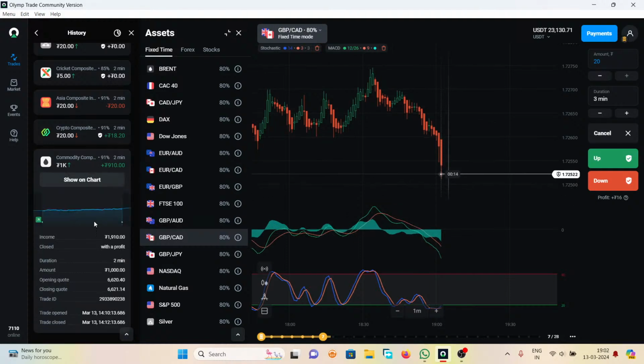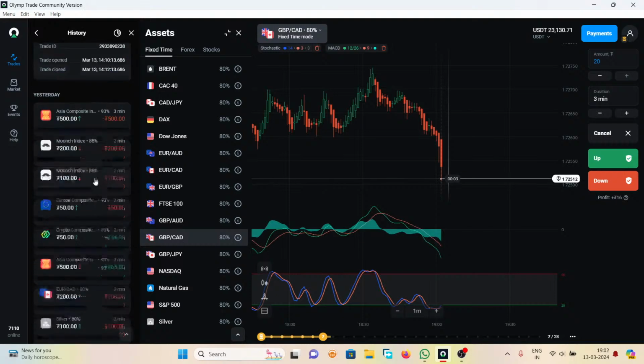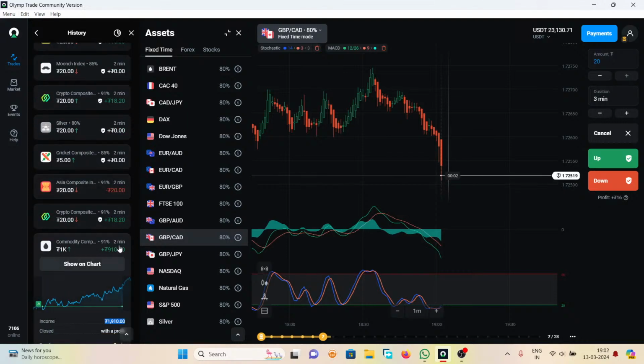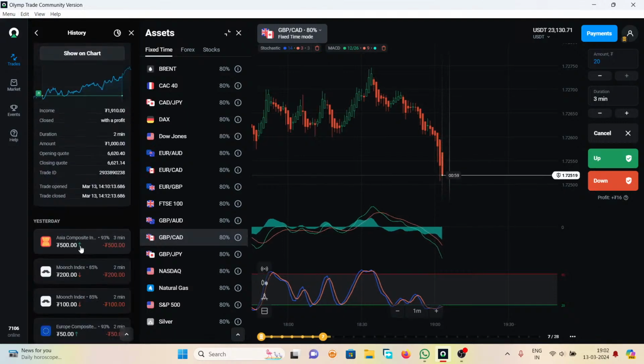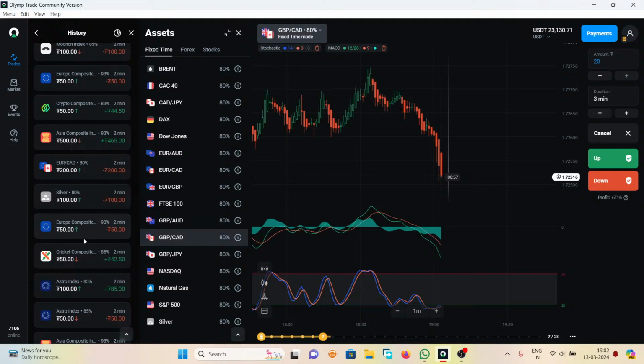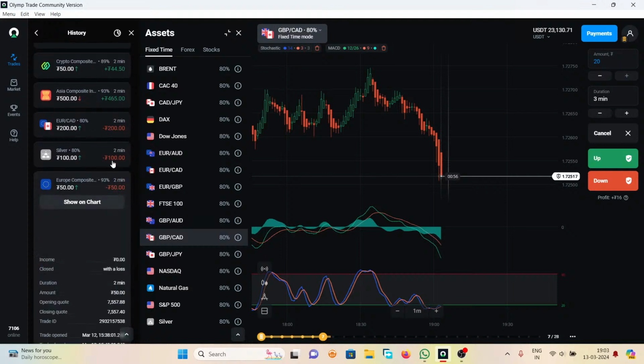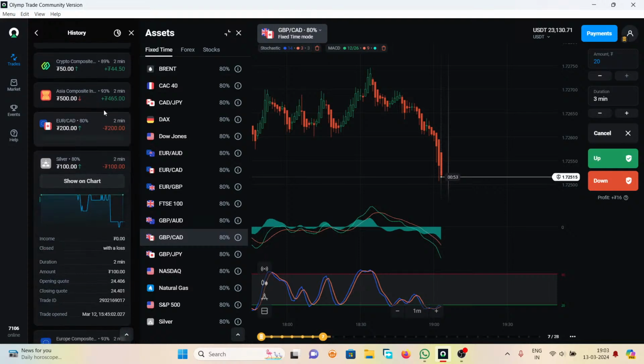And the fourth and last trade, I opened with 1000 USDT and it is positive, and I recover all my amount with some profit. So usually I am using this pattern to recover my losses, and this pattern works very effectively. Here you can also check 50, 100, 200 and then 500.